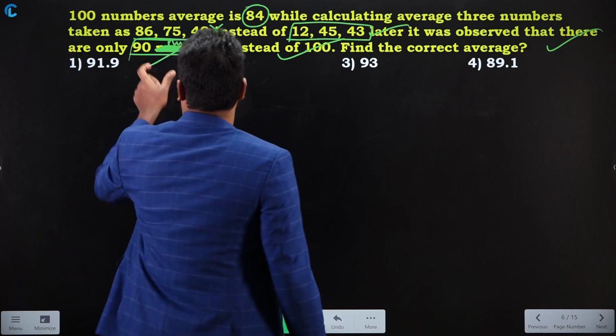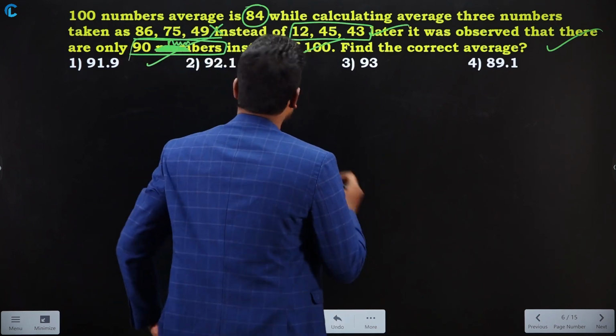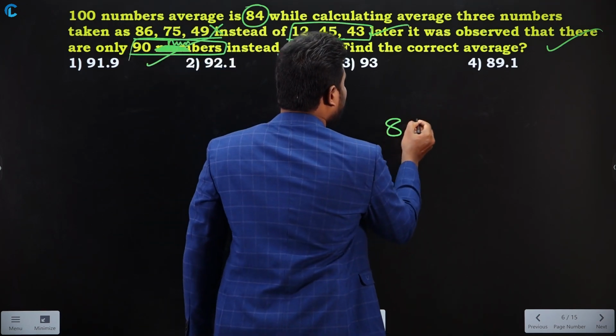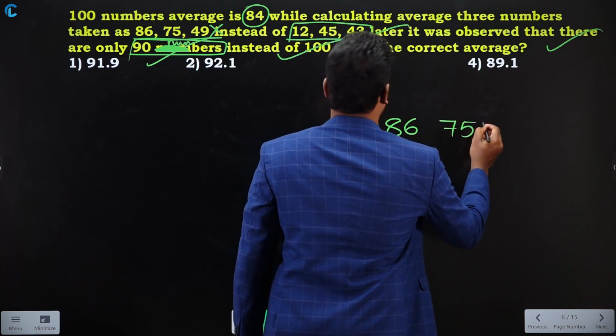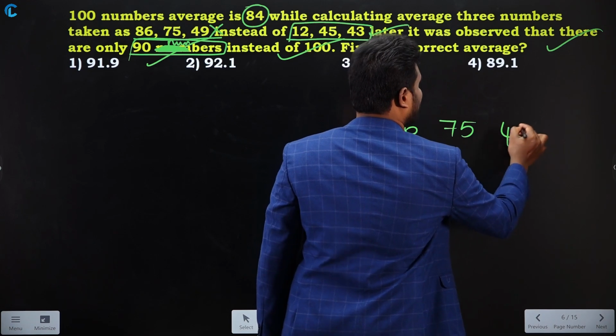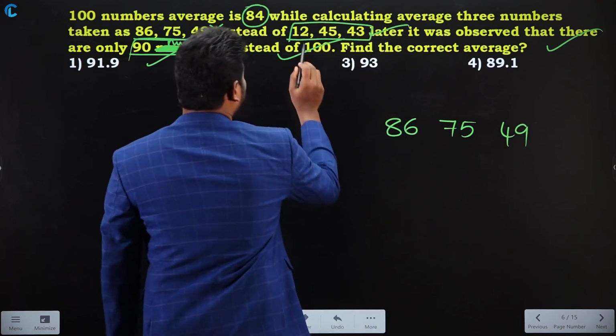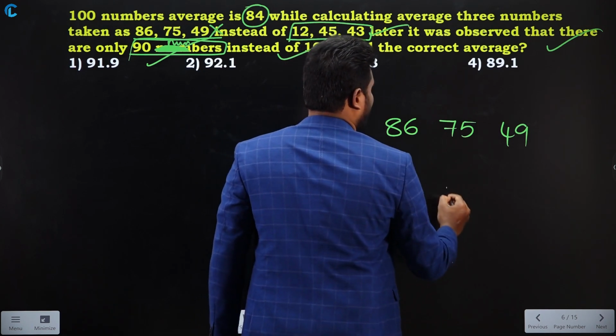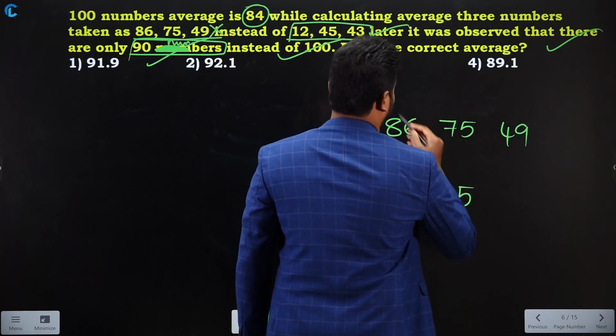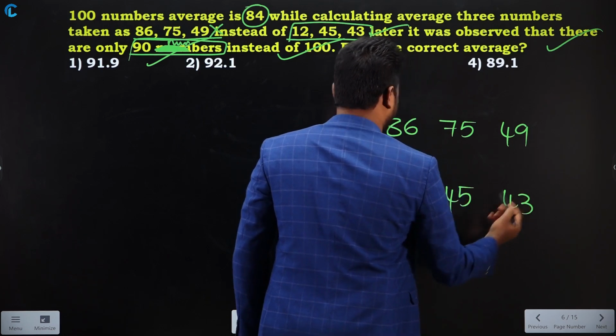Let us calculate. Now what are the wrong values? Wrong values are nothing but 86, next 75, next 49. And what are the correct values? Correct values are nothing but 12, 45 and next 43. Now add these numbers.